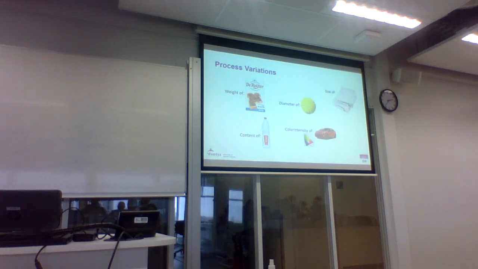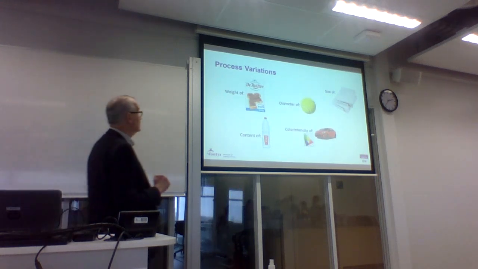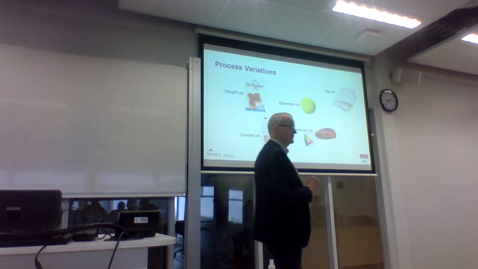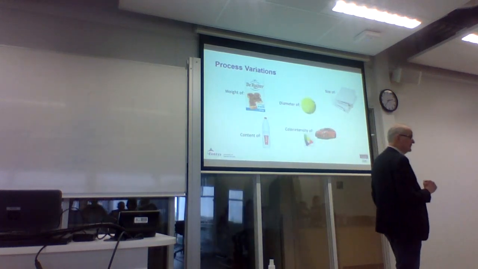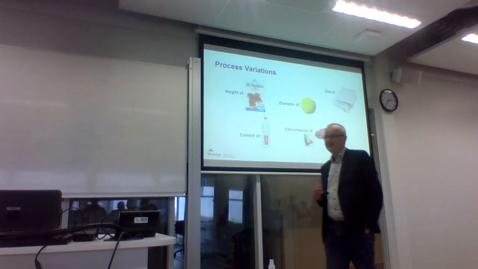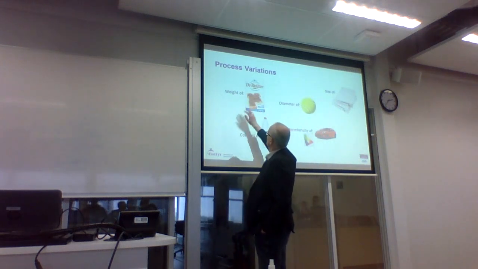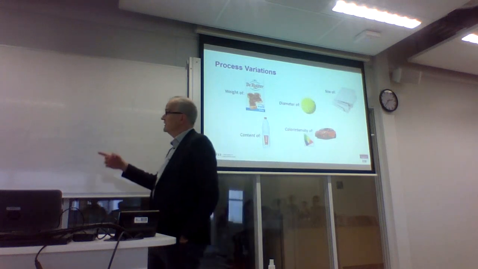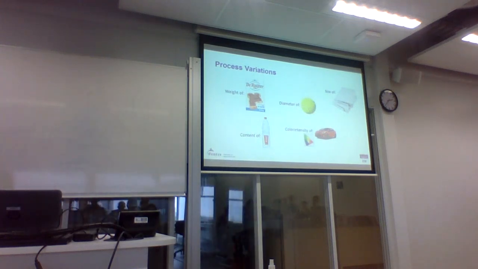For instance, take a look at these five products. If you're not from the Netherlands, then you definitely know the first product: Hagelslag, chocolate sprinkles. There's a weight on there. 390 grams. It should be 390 grams in there.